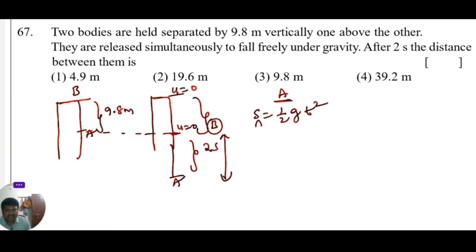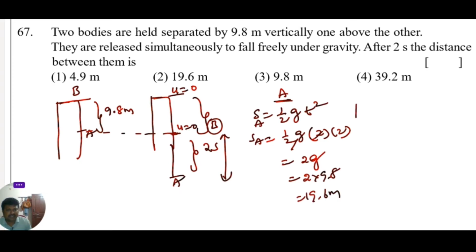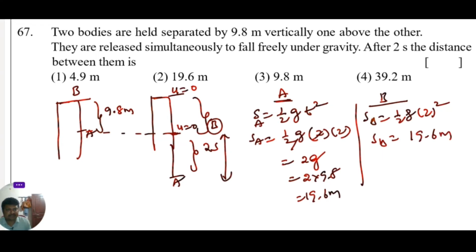So this is the distance traveled by A after 2 seconds, that is equal to 1 by 2 g, in the place of t, 2 into 2. So 2 gets cancelled, that is equal to 2g, that is equal to 2 into 9.8, that is 19.6 meter. Then for B also same, SB equal to half g, again 2 squared. So the distance traveled by B is also 19.6 meter.